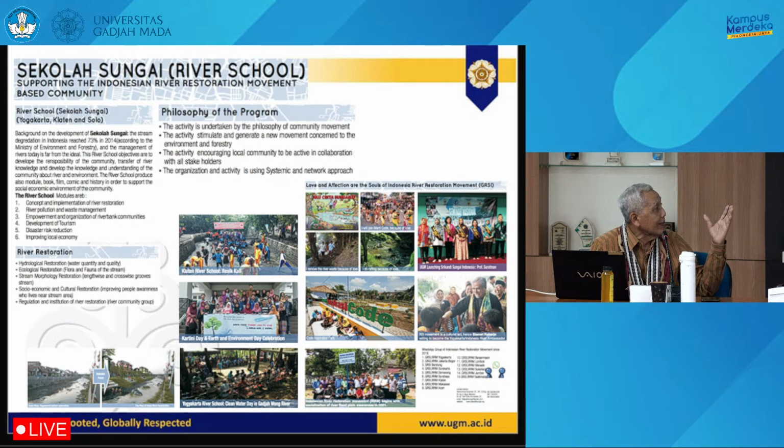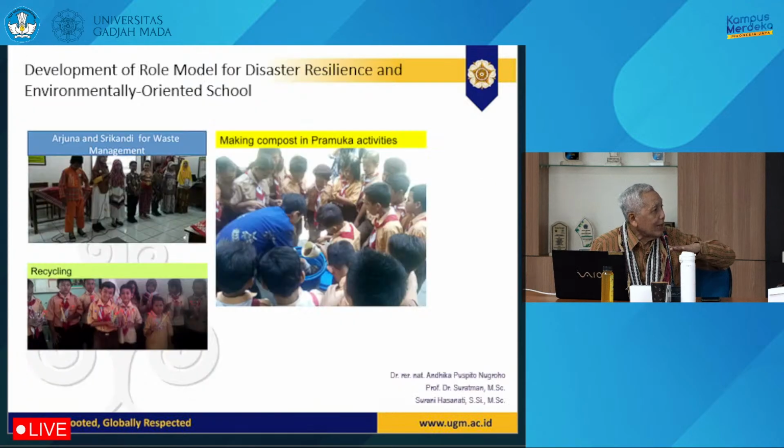Next, I also give knowledge in the scouts, what is it called? Boy Scouts. So we come to many different ages to deliver what education for sustainable development and SDGs are.